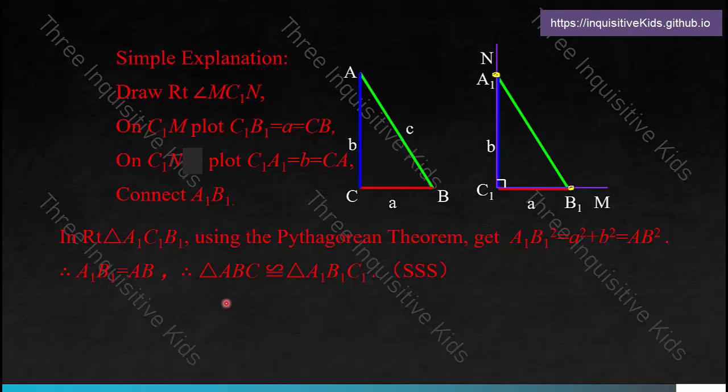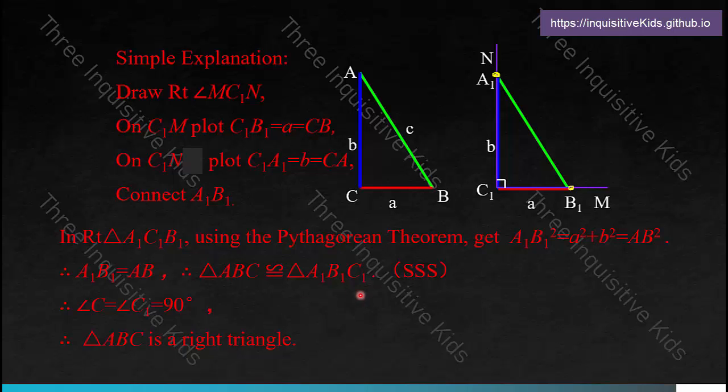So triangle ABC is congruent to triangle A1B1C1, using the SSS rule of congruent triangles we learned last year. So then angle C is equal to angle C1, which is 90 degrees. So triangle ABC is a right triangle.